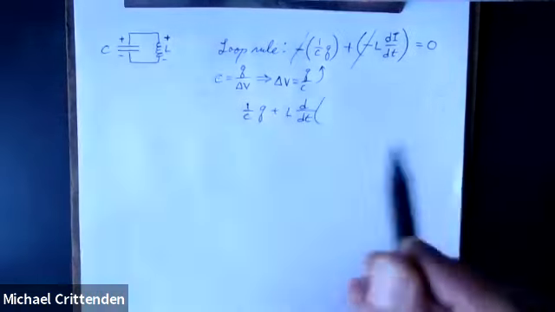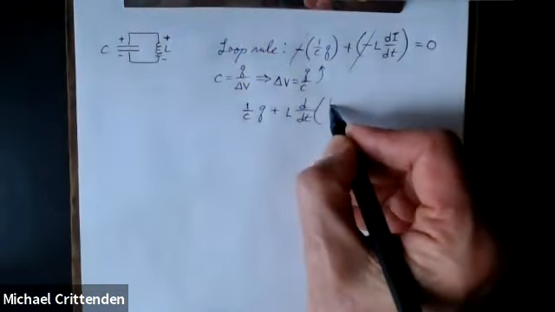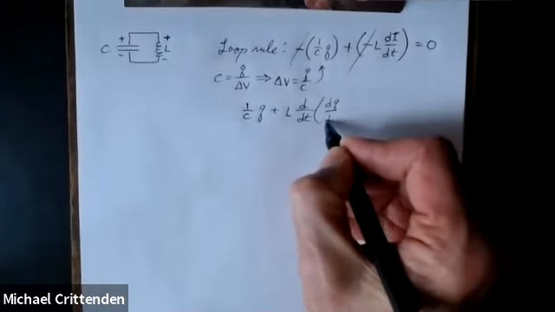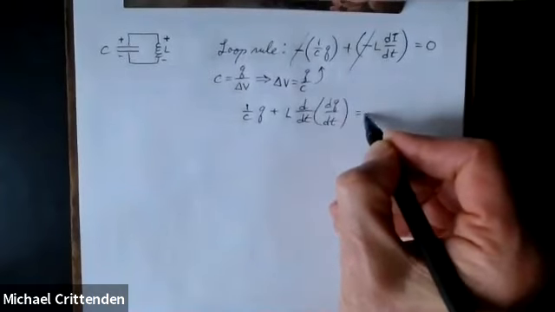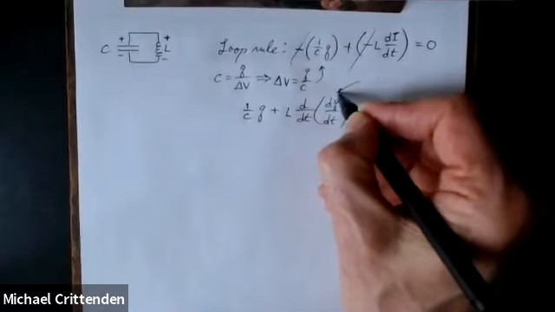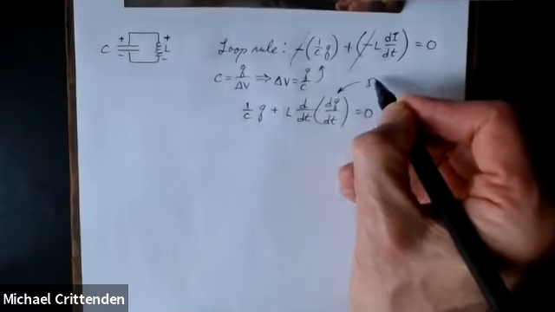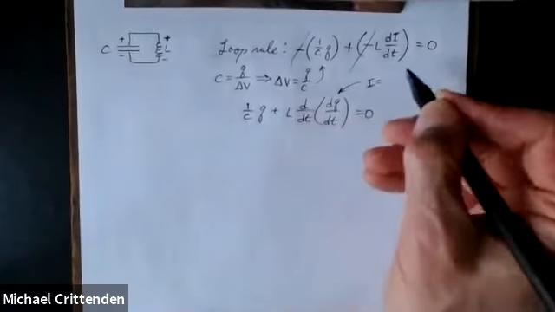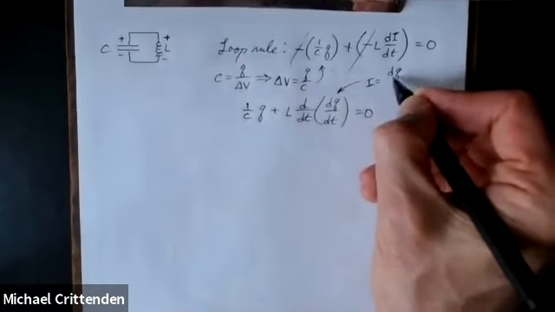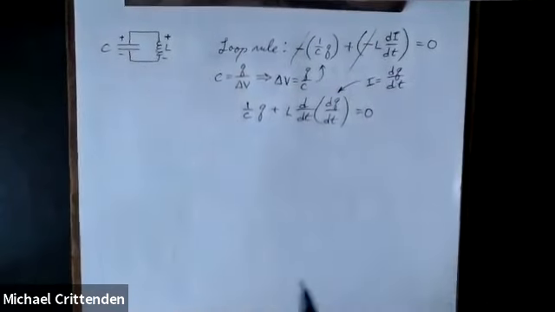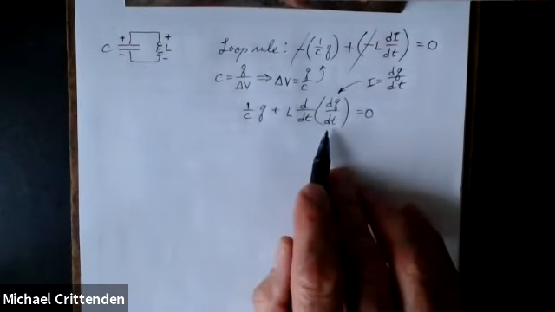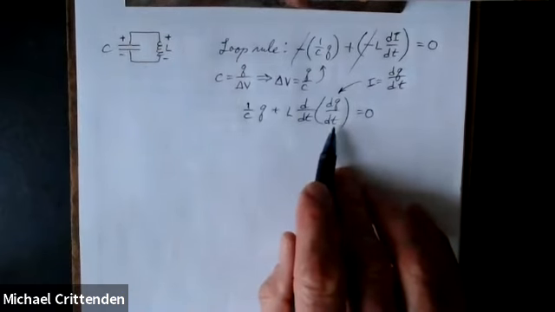I equals dq dt. So that means what we have here is the second derivative of the charge.